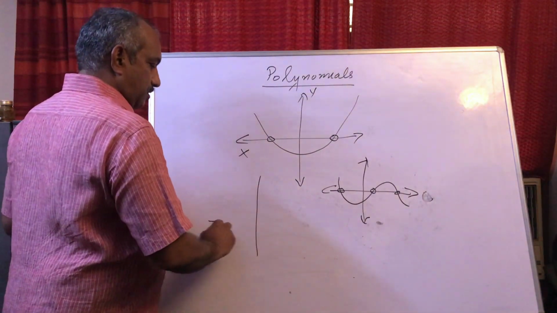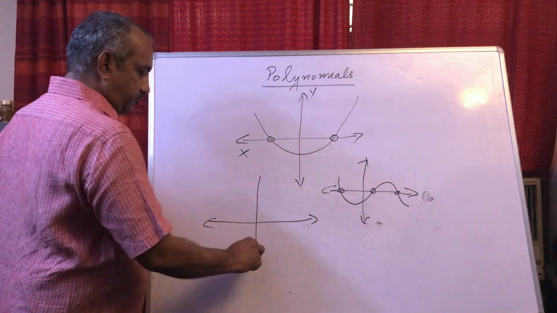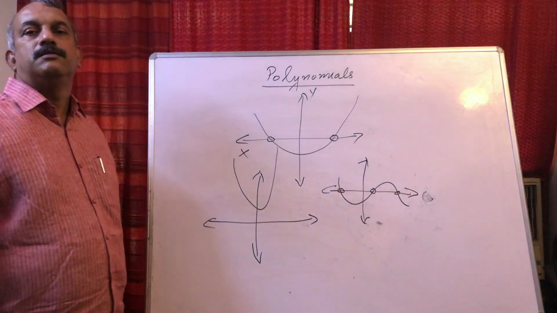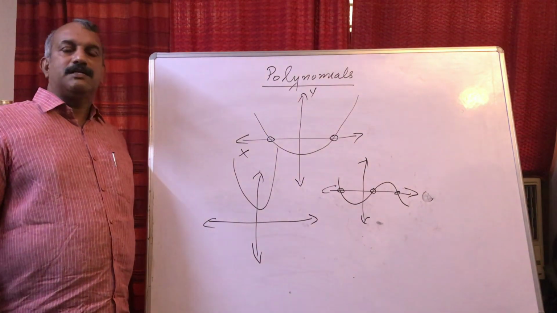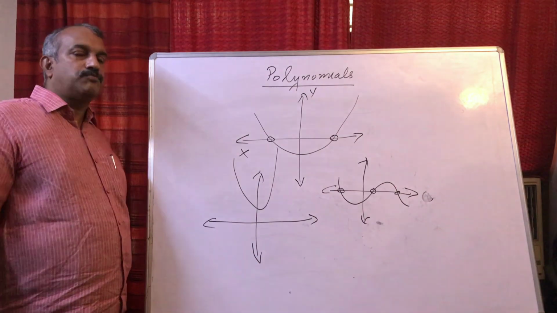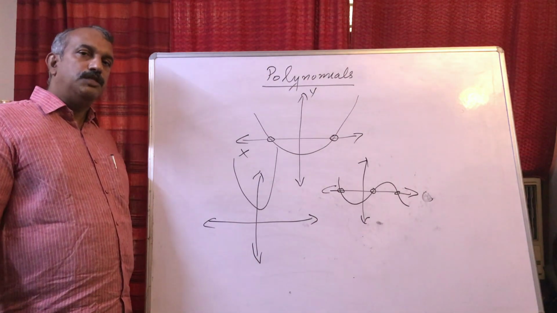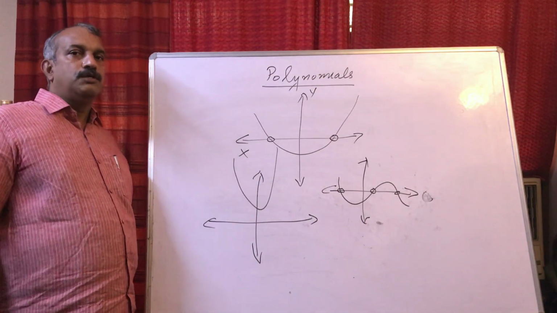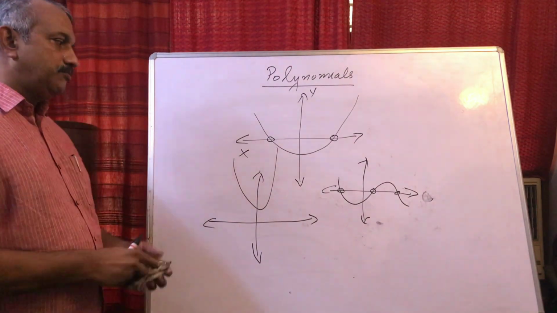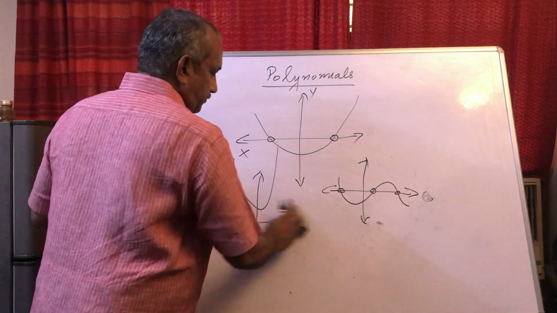Now see, what is the number of zeros of this polynomial? Say the graph is going like this. The graph is not intersecting the x-axis anywhere. So the number of zeros of this polynomial is equal to 0, or it has no zero. So that is also possible. A polynomial may not have any zeros.